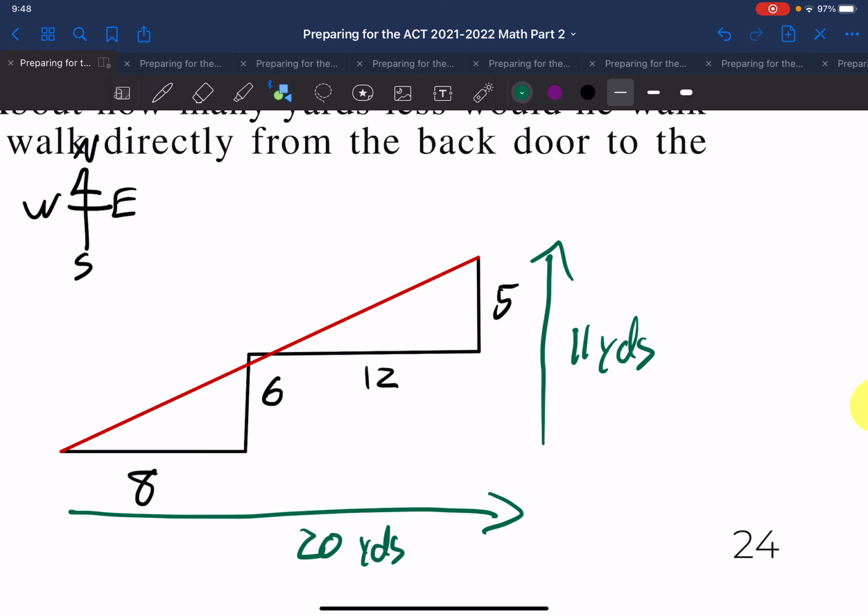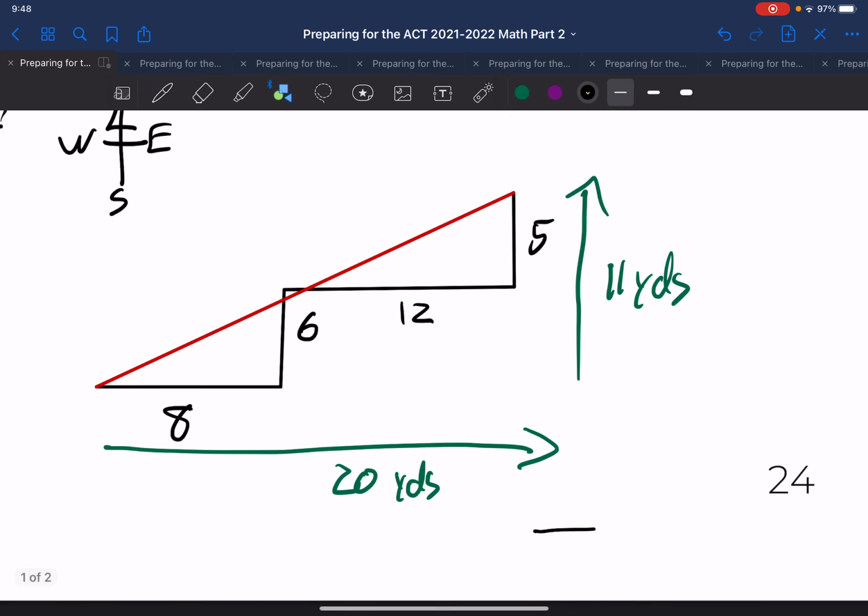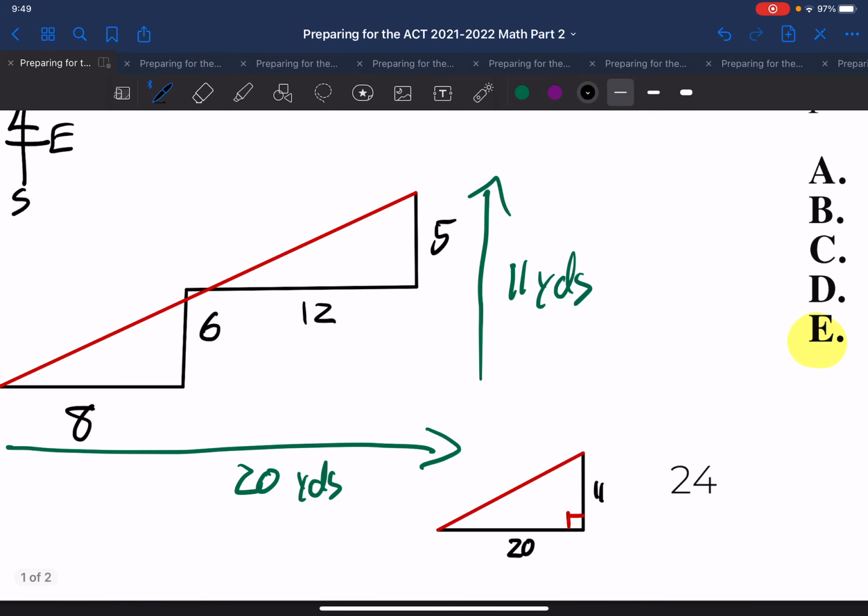So I can redraw this over here. And so we've got 20 and 11. And so if we want the straight line distance, well, 20 and 11, those meet at a right angle. So that means we can use the Pythagorean theorem to find out this length.